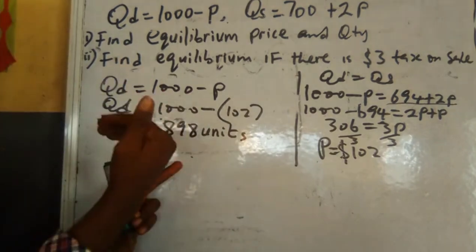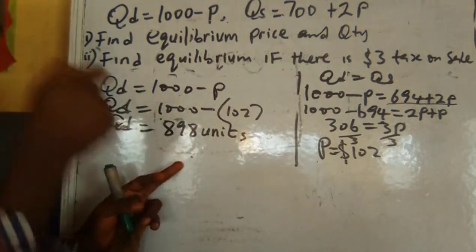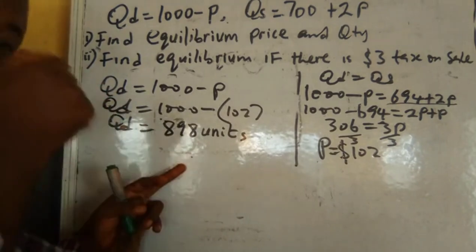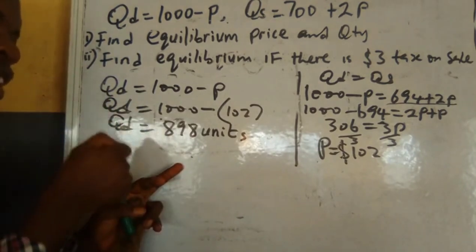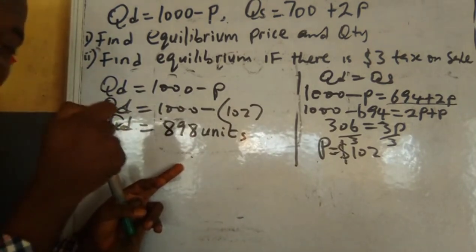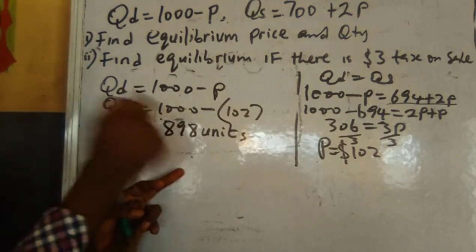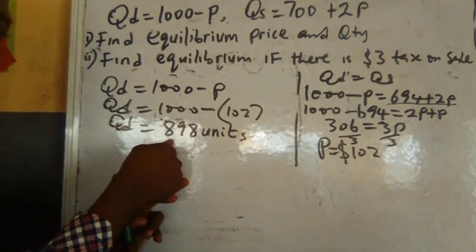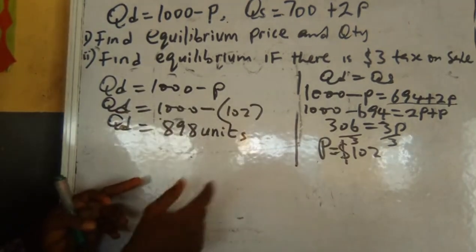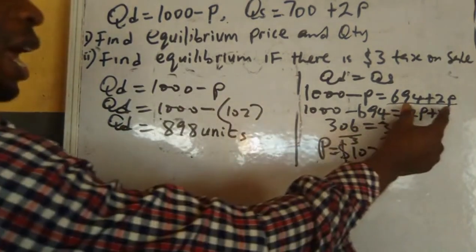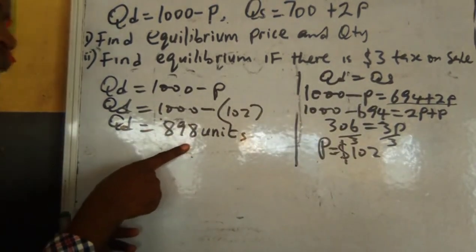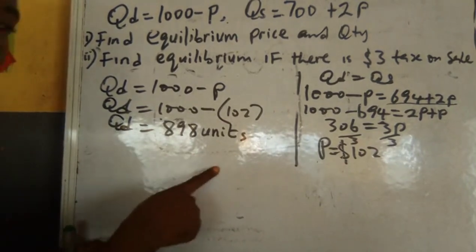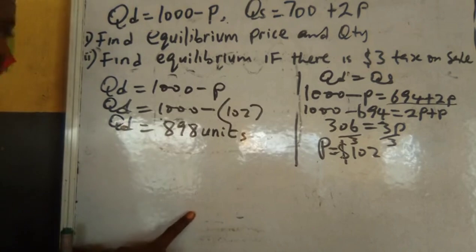The effect of tax on equilibrium quantity is that it has reduced the equilibrium quantity demanded from 900 to 898. And if you even try to use the supply function, you are still going to get 898. So it means our equilibrium quantity demanded and supplied now is 898.